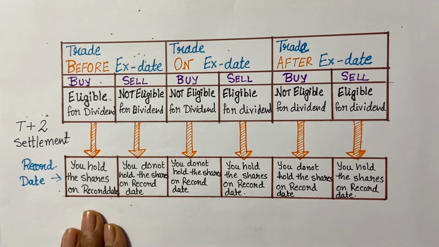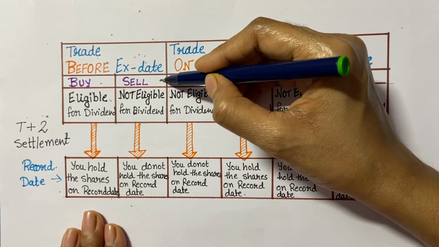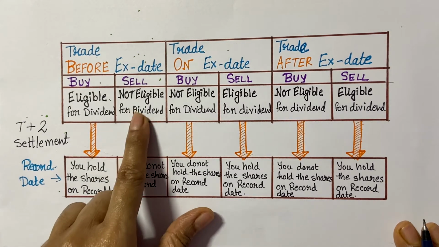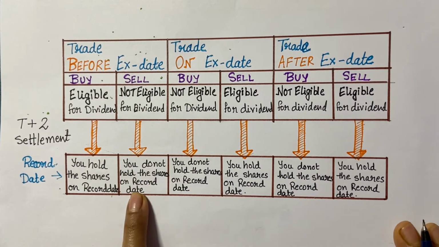So you will be eligible for the dividend. Next, if you sell those shares before the X date, then on the X date you are not holding those shares, so you won't be eligible for the dividend. You do not hold the share on the record date.